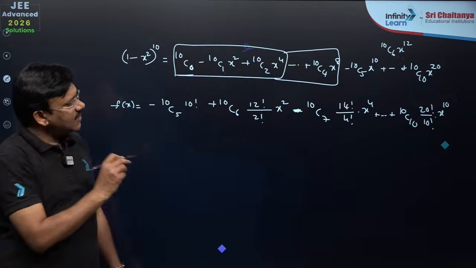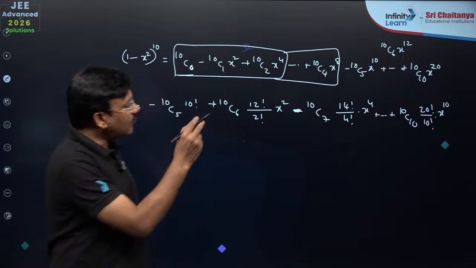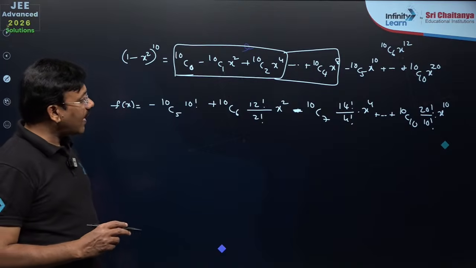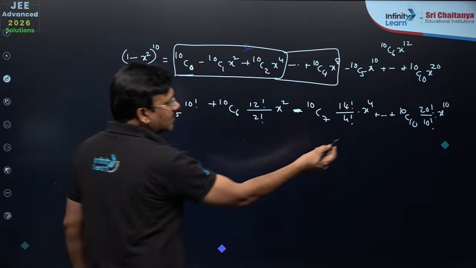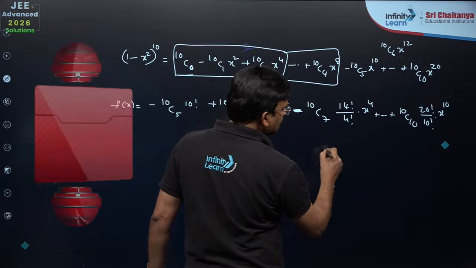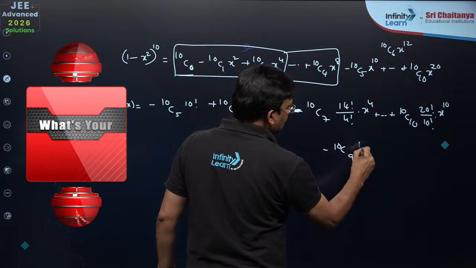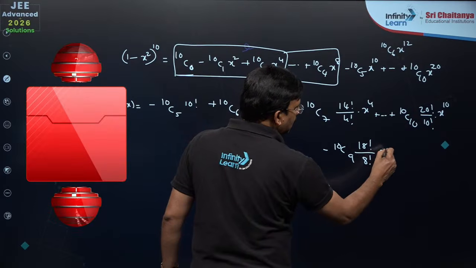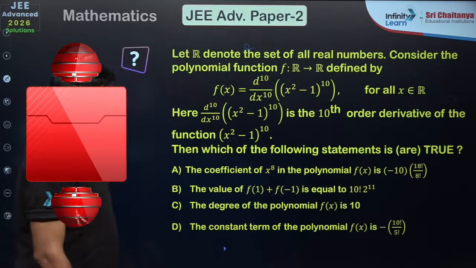You see, finally f of x is a polynomial of degree 10, first point, and the x power 8 coefficient he is asking, this is minus 10c9, 18 factorial by 8 factorial into x power 8. Now you see the options.